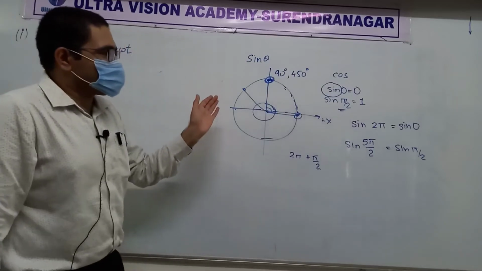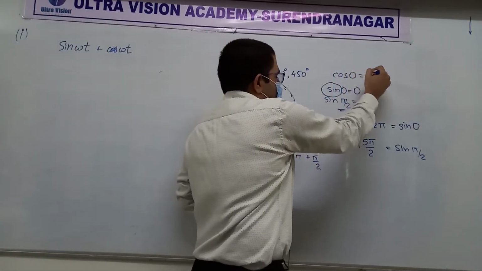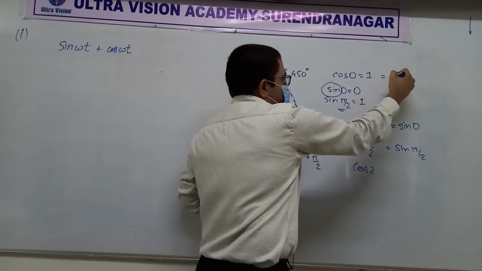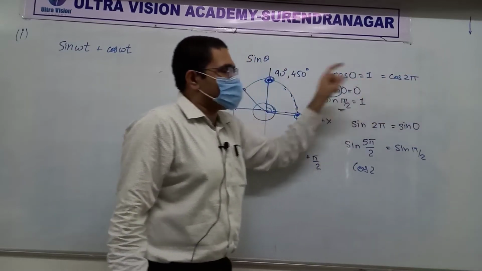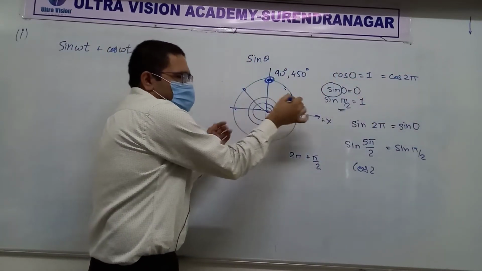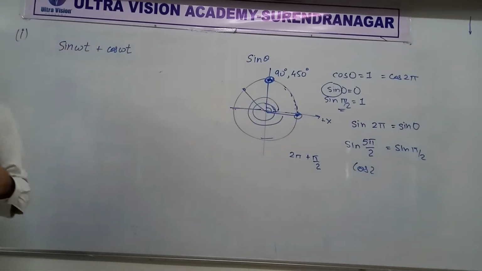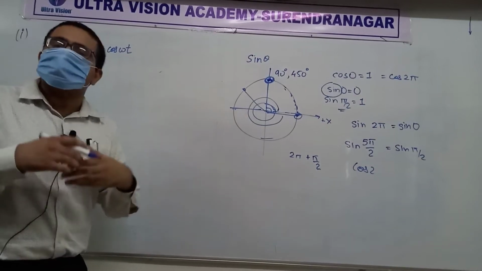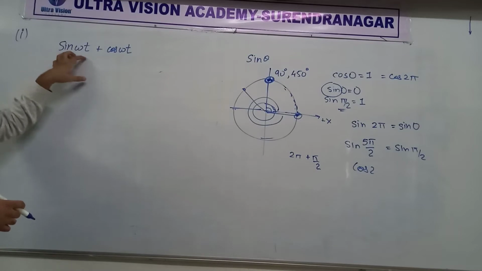Just like sine 0 is 0, cos 0 is 1. Similarly, cos 2 pi is also 1. The reason is 2 pi, that is 360 degrees, you come back to the same point. So there are a few functions in mathematics which repeat their own values. That is what we have to look at.